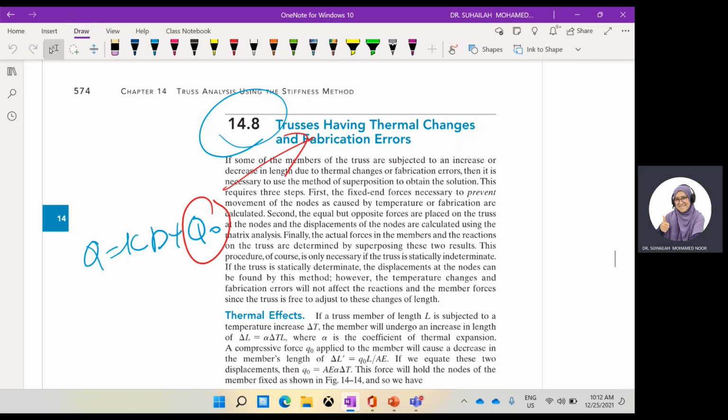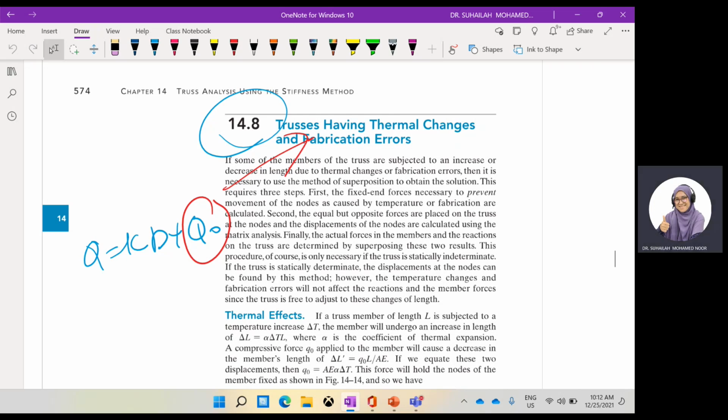Okay, before this, we considered equivalent nodal forces in beam whenever the beam is loaded by a uniformly distributed load along the member or element, or loaded with a point load on the member, not at the end of the member, but anywhere on the member.